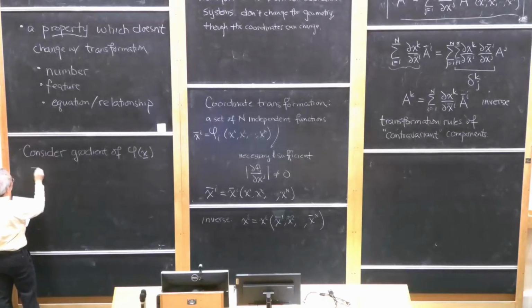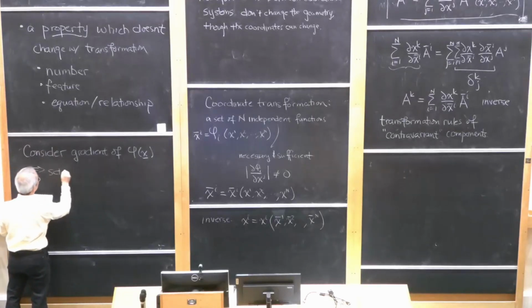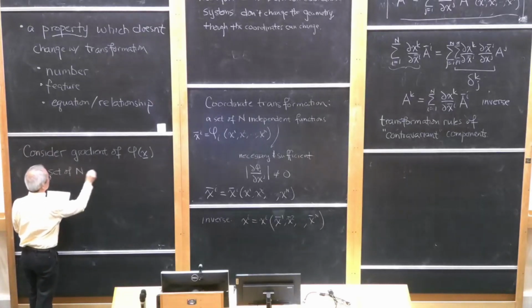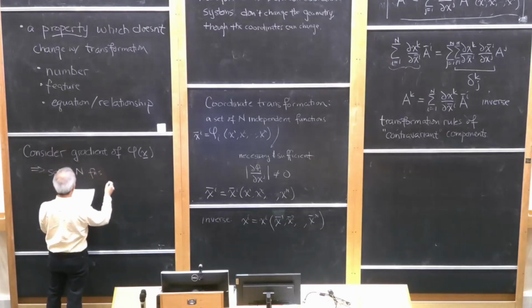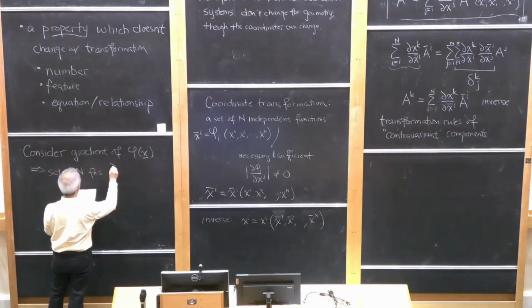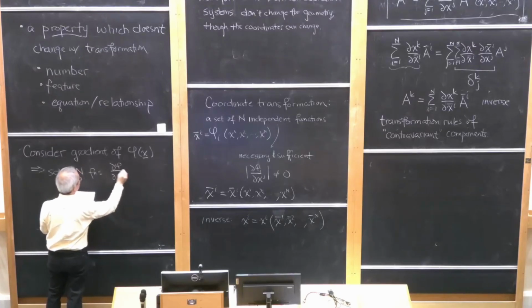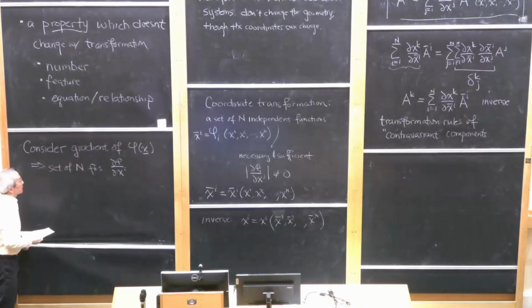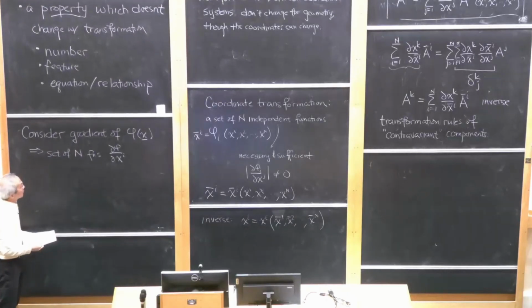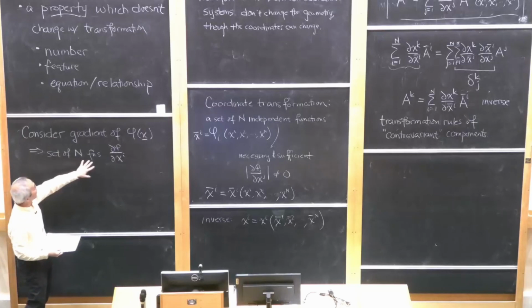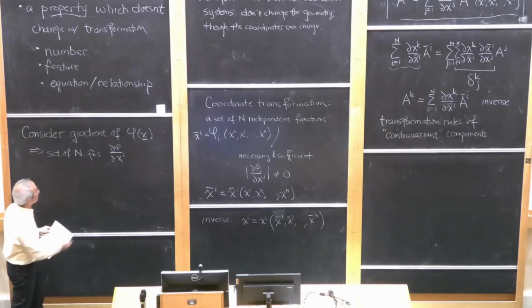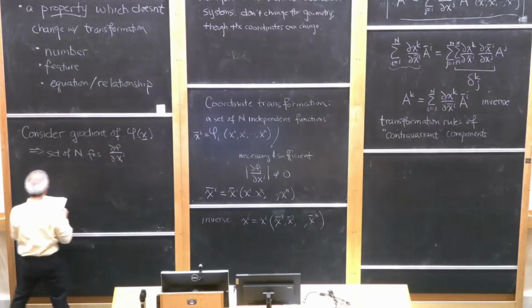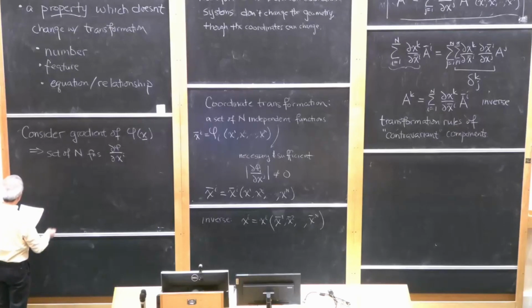This gives a set of n functions, so that'll be d phi dx i. Just like with the vector field, you have n functions, now in terms of the scalar field. So the question is, how does this actually transform?